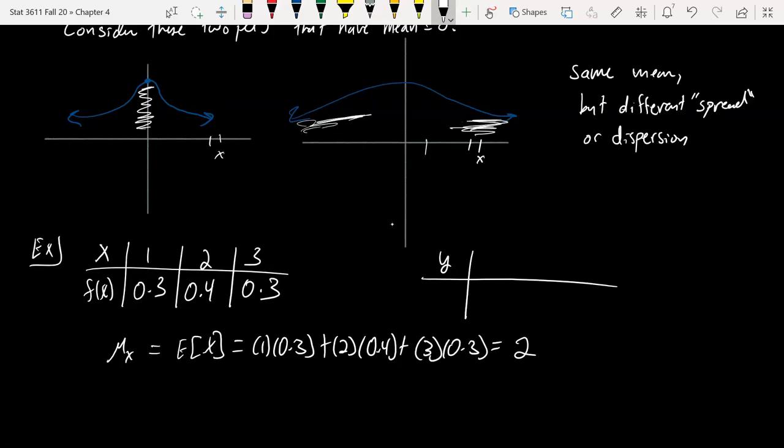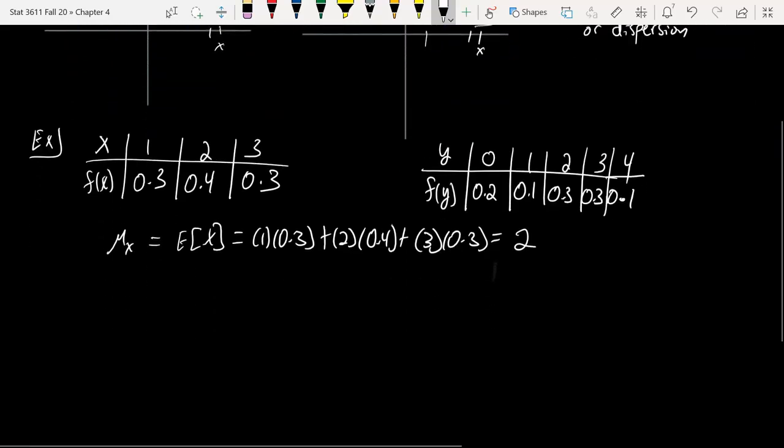Here's another distribution. Let's take a random variable y. Here's its probability mass function f of y. Now y can take on the values 0, 1, 2, 3, and 4 with probabilities 0.2, 0.1, 0.3, 0.3, and 0.1. And what is the expected value of y?